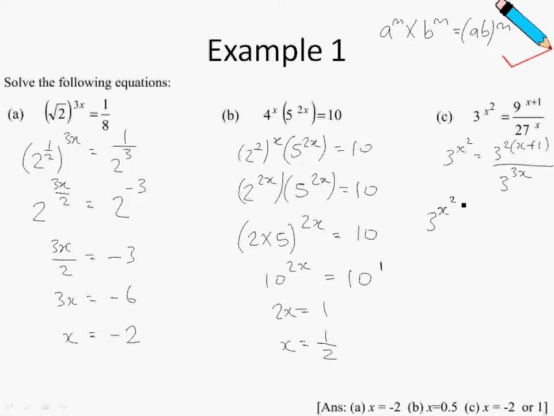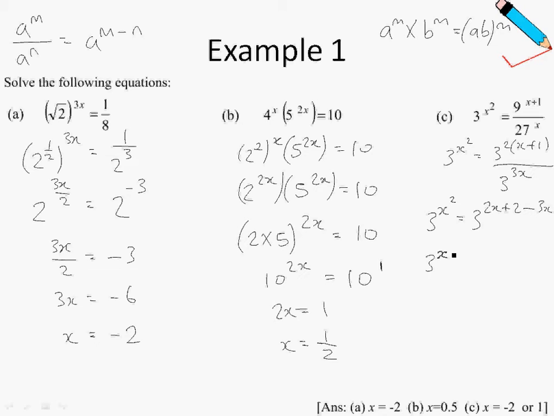So 3 to the power of x squared equals, since I have a common base and I'm carrying out a division, the powers will subtract. Just in case you've forgotten, a to the power m divided by a to the power n is just a to the power m minus n. That's your law of indices. Let me expand it concurrently. 2 times x is 2x, 2 times 1 is 2, minus 3x.